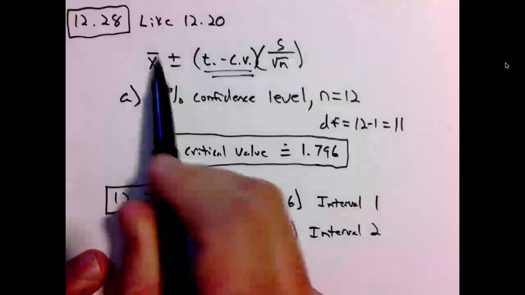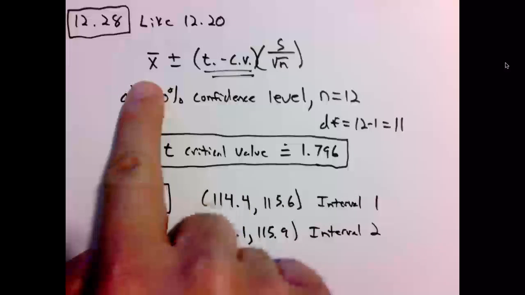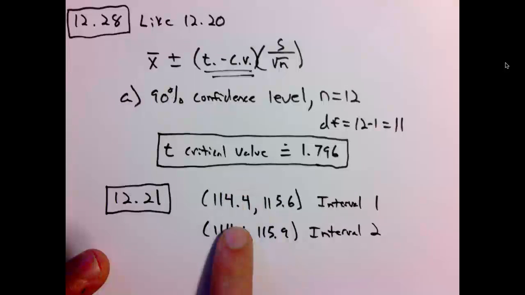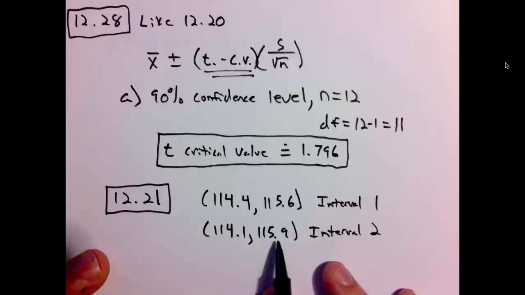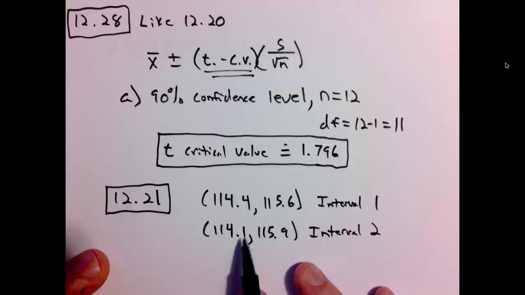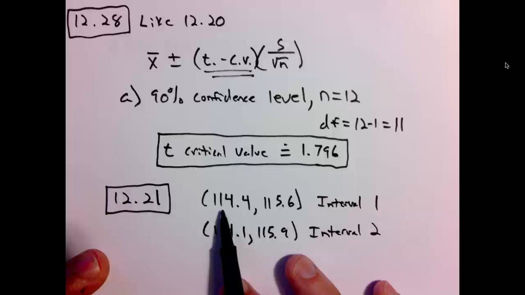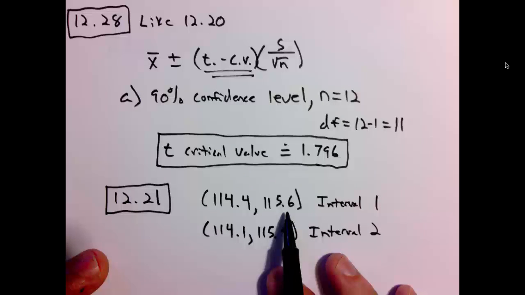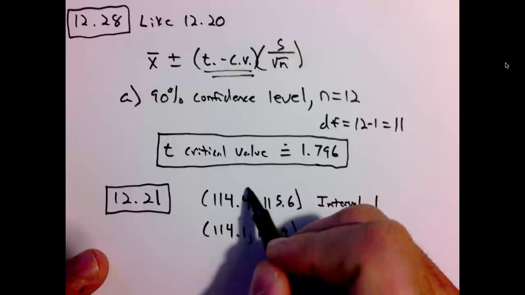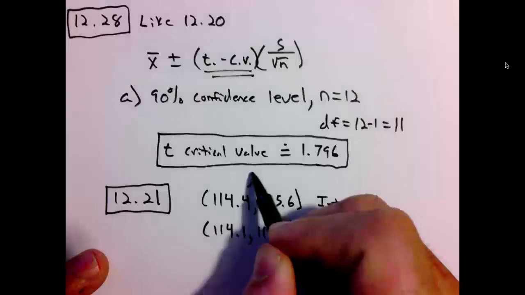Thus, they have the same sample mean. So this x bar is going to be the same for both of these, which means they should be centered on the same value. If you add 114.4 plus 115.6 and divide by 2, you will see that the center here is 115.